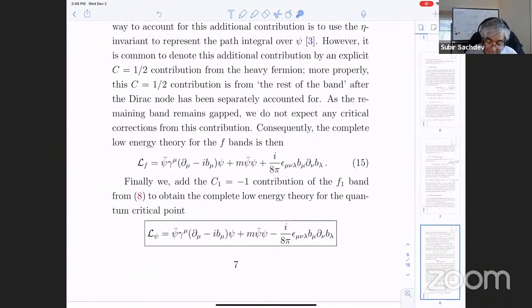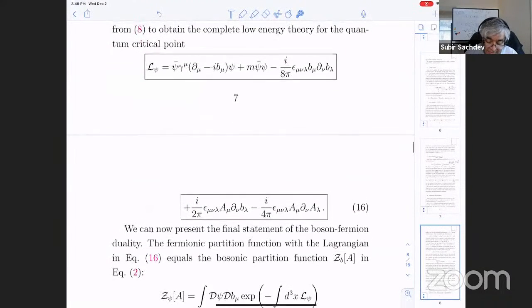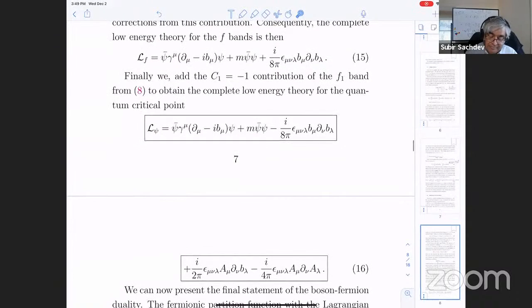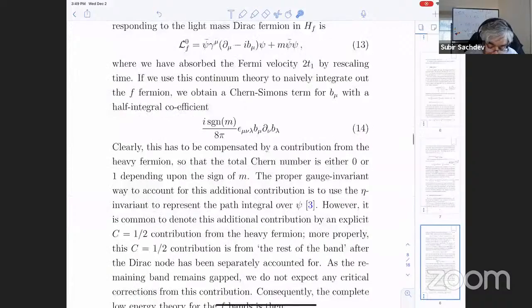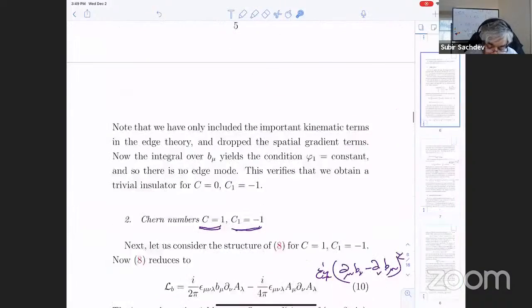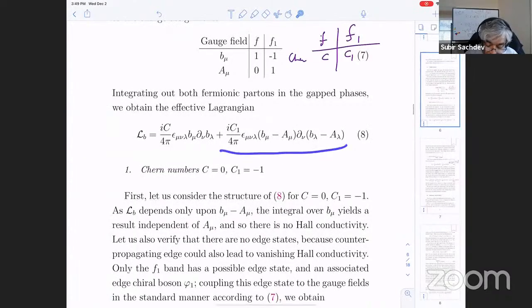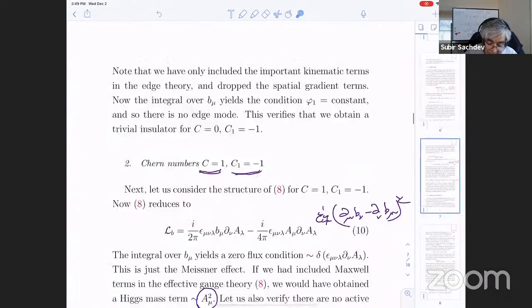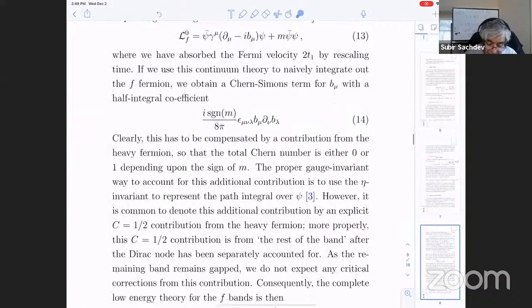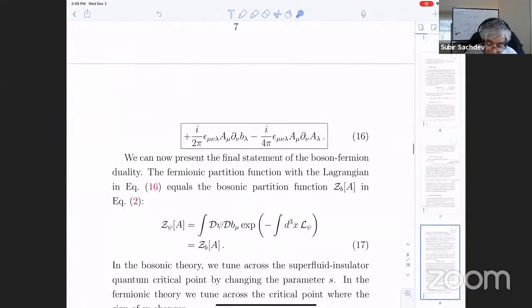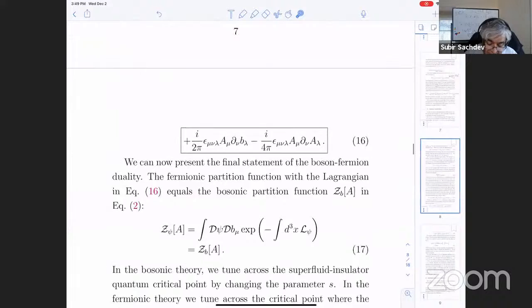I can just integrate it out. It couples to B minus A, and you add that up and you expand everything together. So basically, I just take this contribution with C1 equals -1, I just take this term and I add it to the theory of the Dirac fermion with this half quantized Chern-Simons term, and that's it.